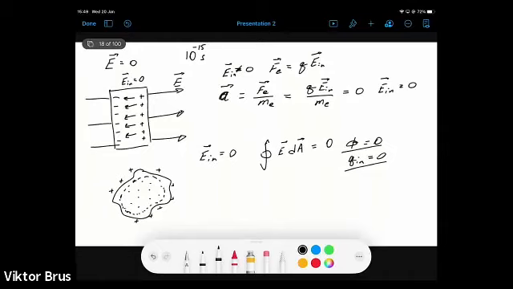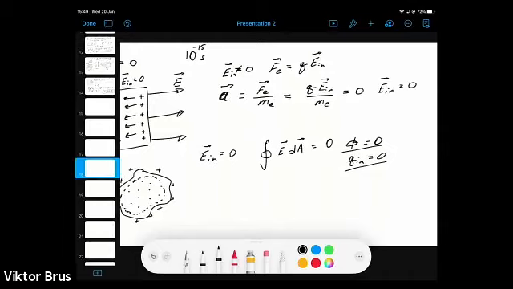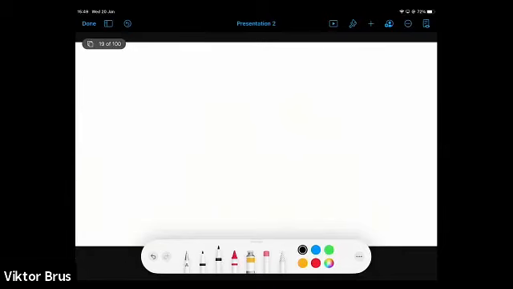Okay, so one more thing which we need to consider. Let's go to another slide. The fact that the electric field next to the surface of a charged conductor under electrostatic equilibrium is equal to sigma divided by epsilon 0.